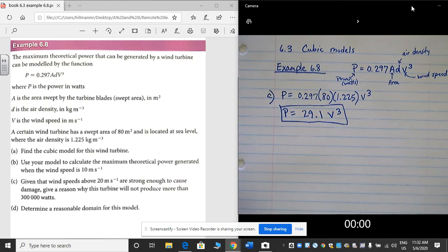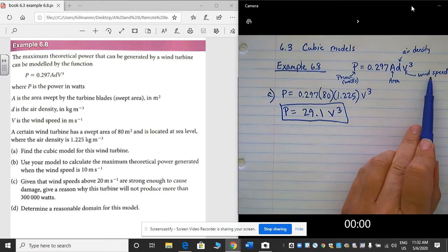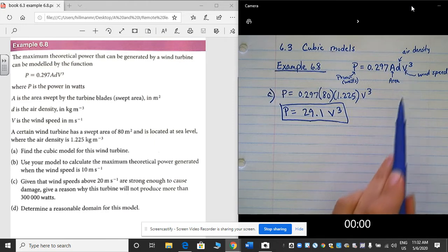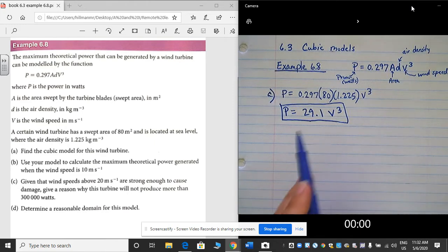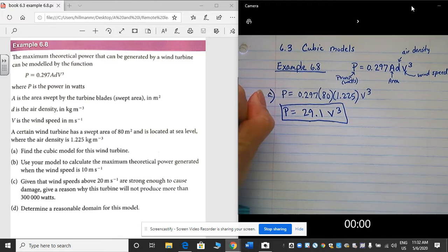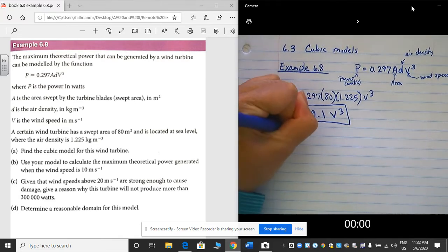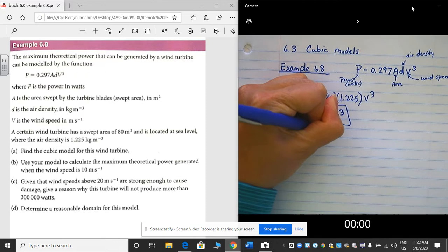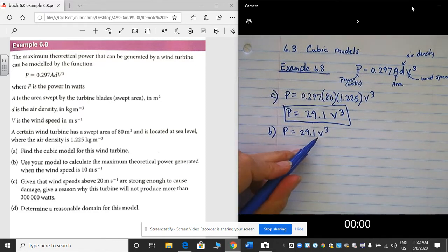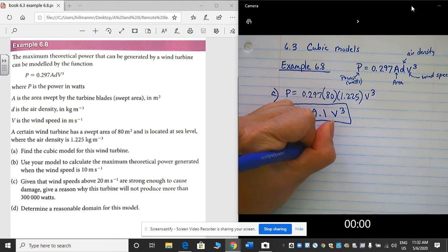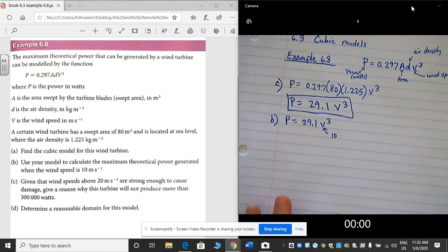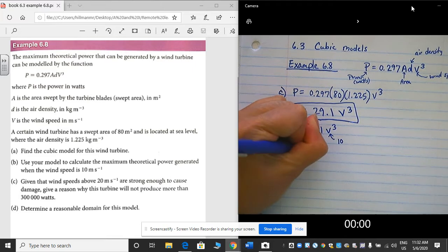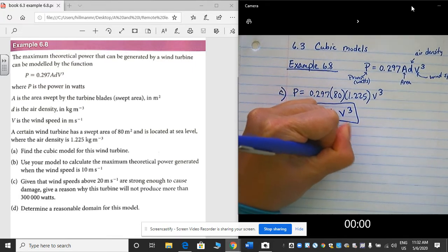For part B, use your model to calculate the maximum theoretical power generated when the wind speed is 10 meters per second. Remember, wind speed is V, and they're giving me a wind speed of 10. So I'm going to take that same formula, and in place of the V, I'm going to replace a 10. In my calculator, I'm going to punch in 29.1 times 10 cubed.